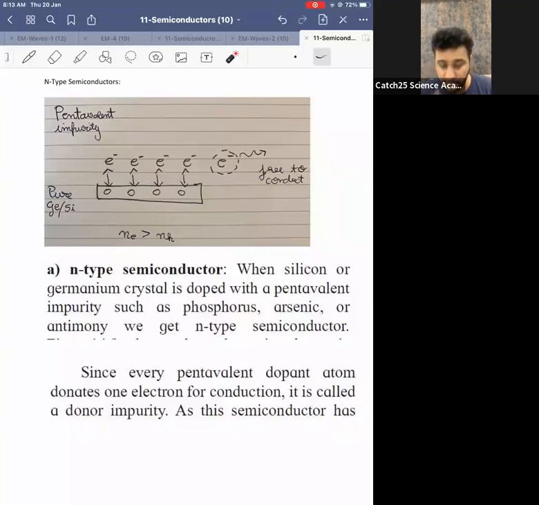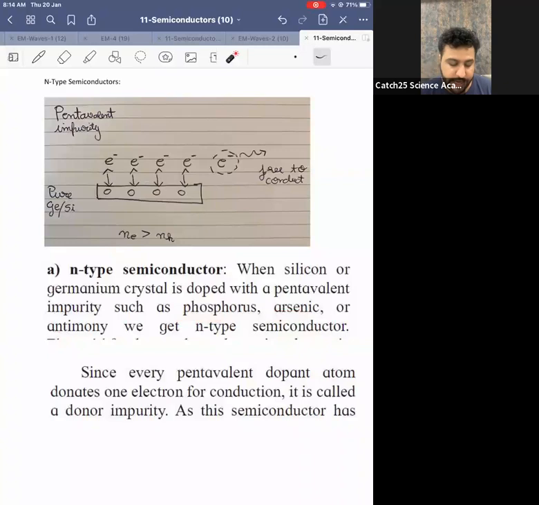Now below the diagram, see what is written. This is the definition of N-type. Listen: when silicon or germanium is doped with pentavalent impurity, such as phosphorus, arsenic, antimony.